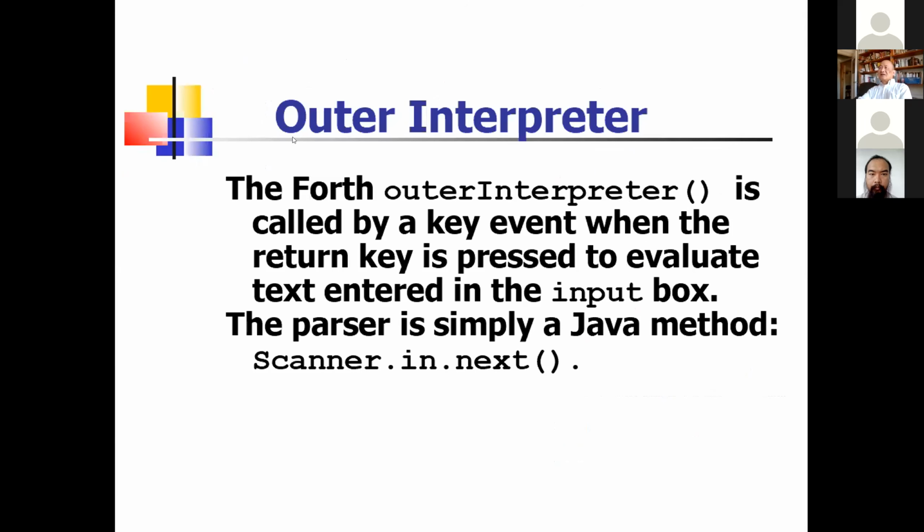And then in the Forth main method, it has the outer interpreter. The outer interpreter is called by the key event when the return key is pressed, to evaluate the text entered into the input box.